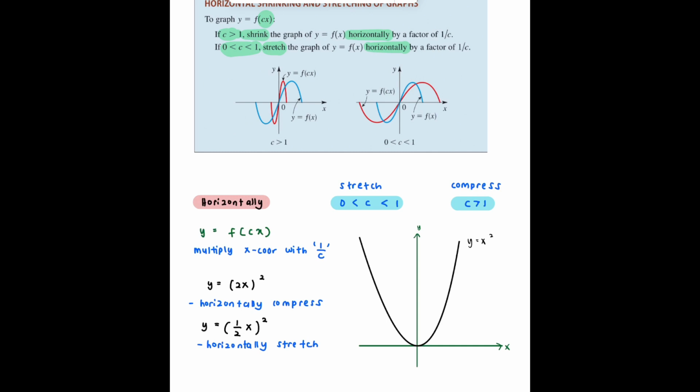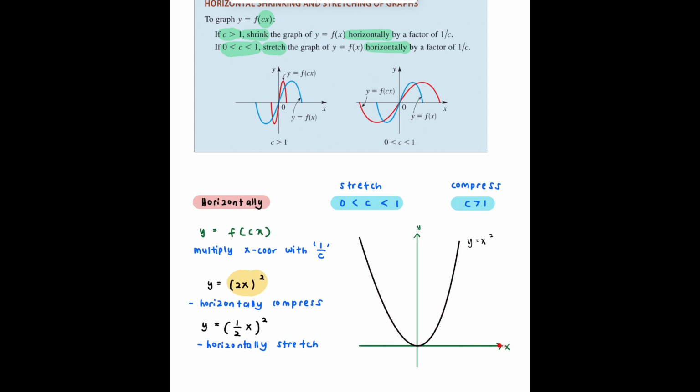Example, let's say you have y equal to (2x) inside the bracket squared. So the constant 2 here is inside the bracket. So your C is more than 1, so horizontally compressed. So this is your original graph.